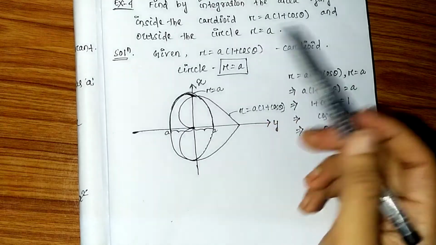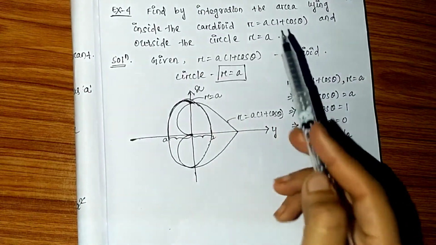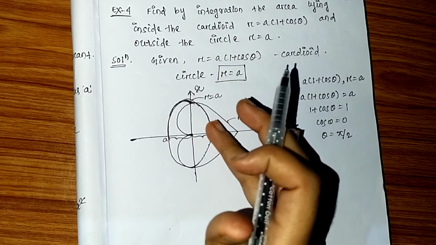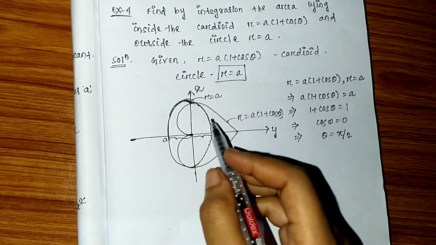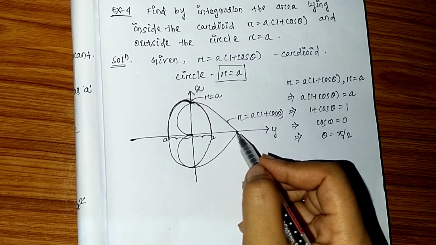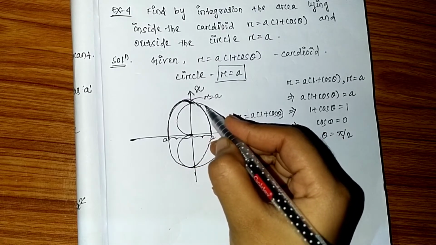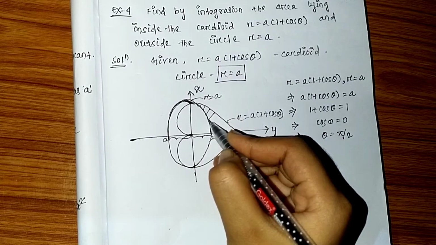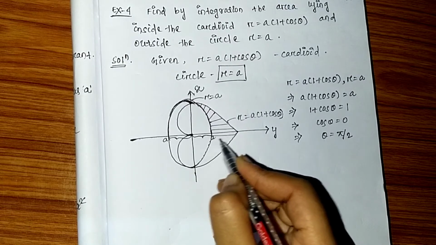Here it is given to find by integration the area lying inside the cardioid and outside the circle. So outside the circle means that portion, and inside the cardioid. That portion is our region.